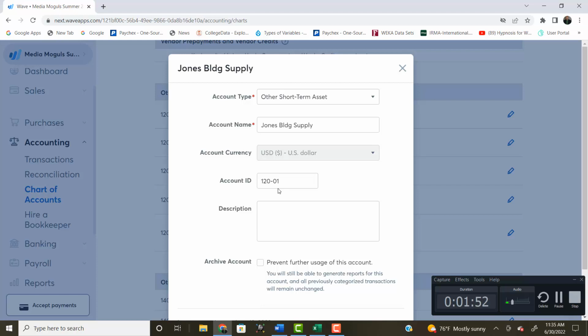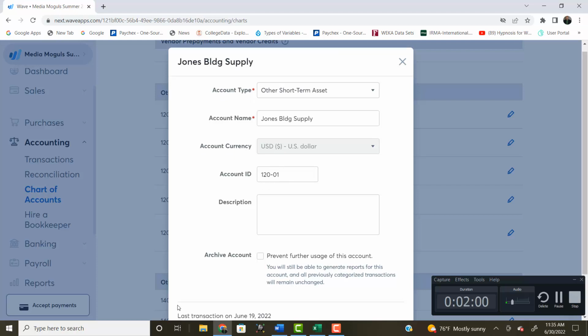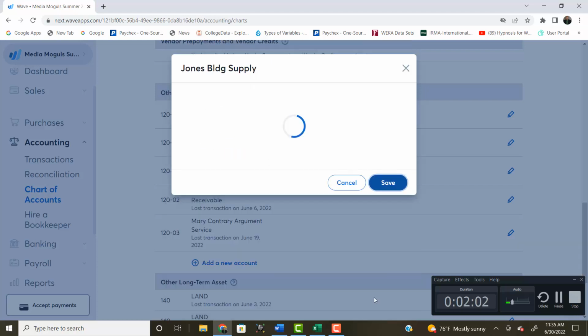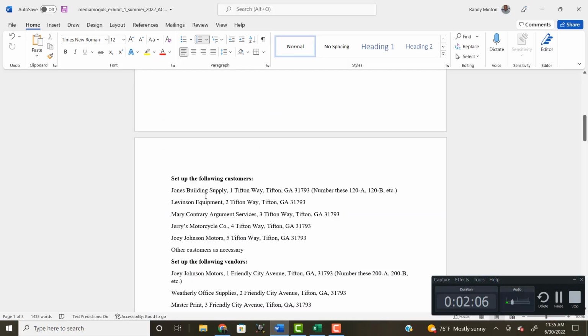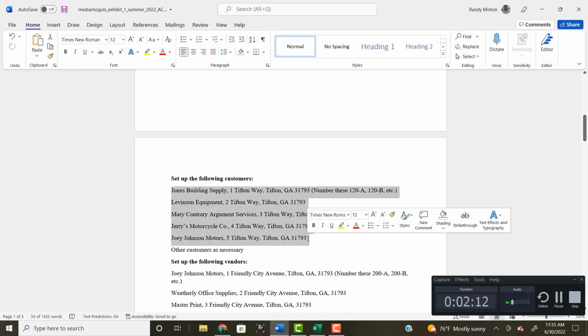So 120-02 will be the second one on my list, probably Levinson, and then 03 would be the next one. Looking at my list, I'm looking at Jones, Levinson, Mary Contrary, and so forth. There's only like 5 of them, and do them all as other short-term assets.